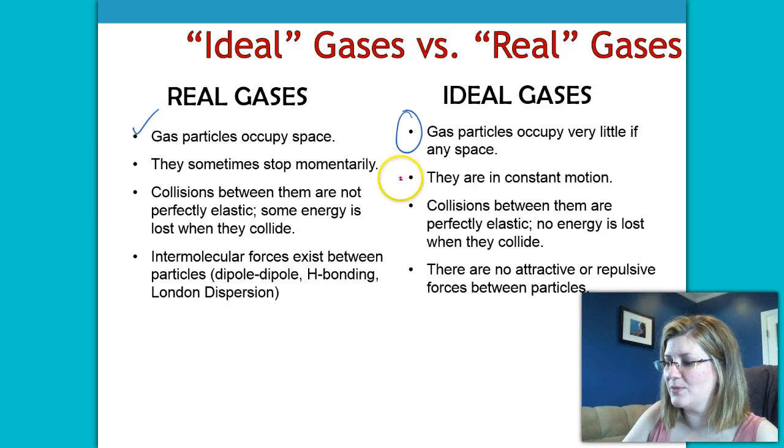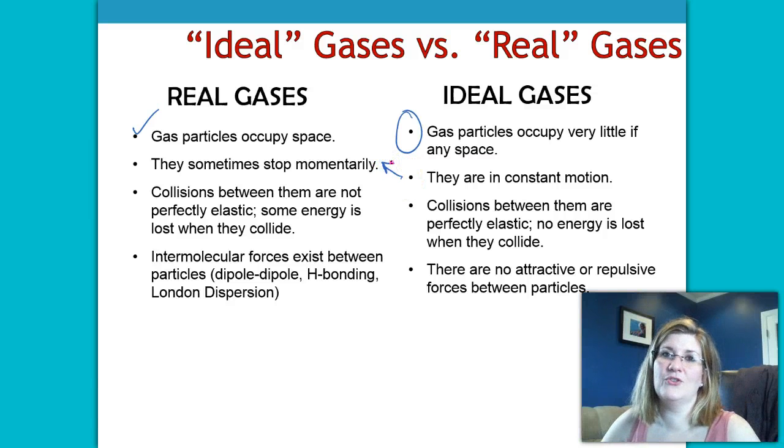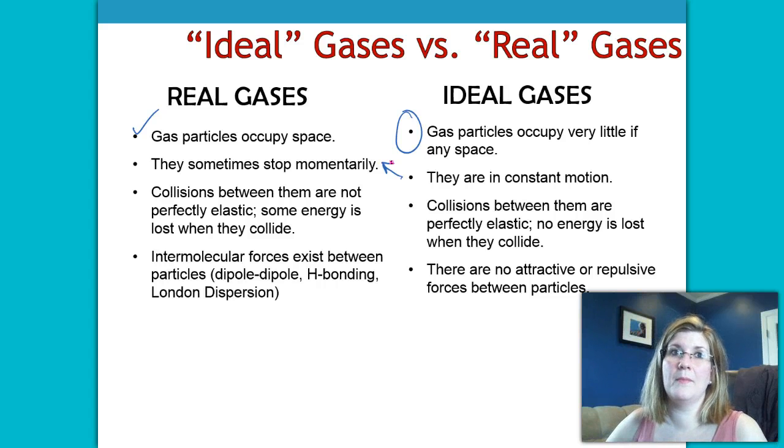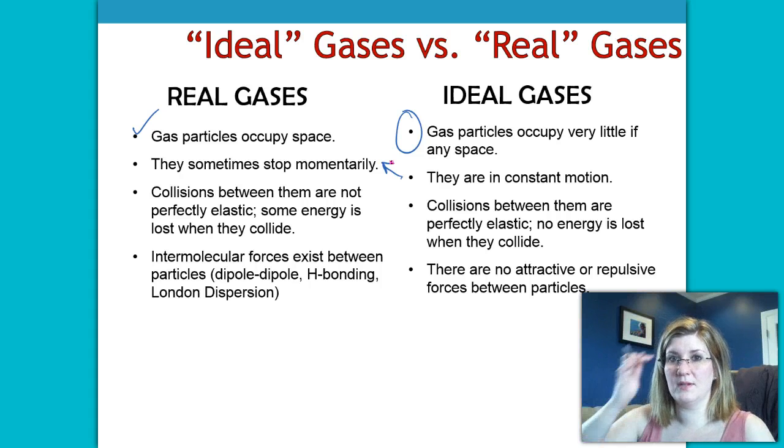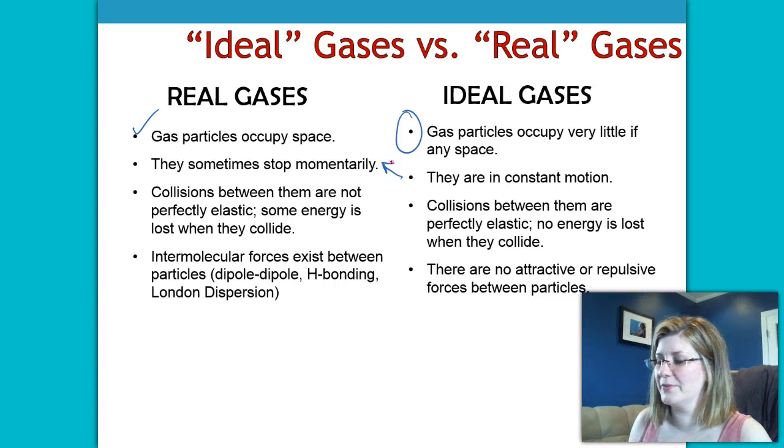Whereas in a real gas, we know that there are some conditions in which they do stop momentarily. And by momentarily, I mean maybe a microsecond or a nanosecond, something causes them to stop. They don't stop permanently, necessarily, under most conditions.